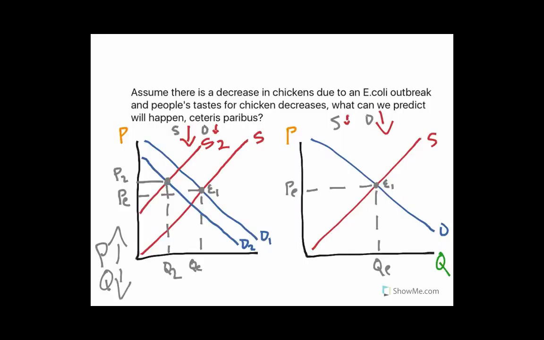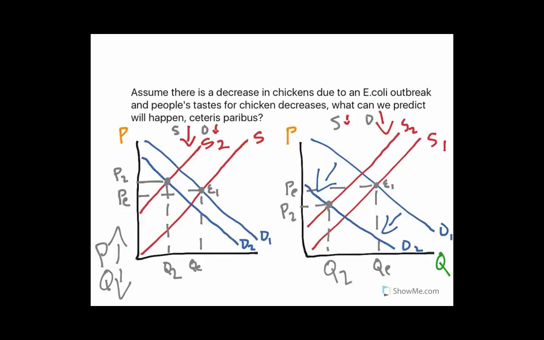Now we're going to take a look at the next graph, and say the supply decreases, but it's not as substantial as in the first market. So we have S2. Then let's say people really do care about their health and their demand for chicken is almost non-existent, so it takes a huge decrease in demand. Now our new equilibrium is at S2 and D2, which is right here, and that's going to be P2, and the quantity is going to be Q2.